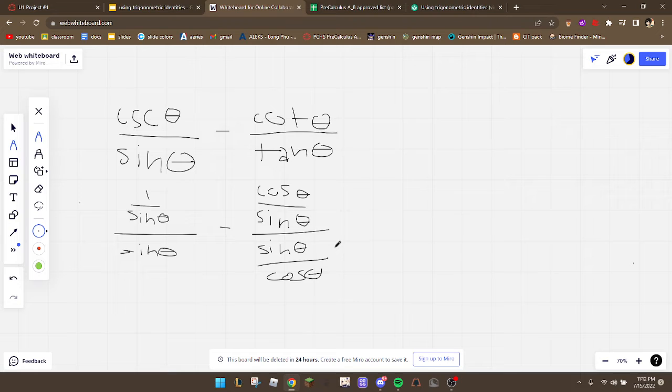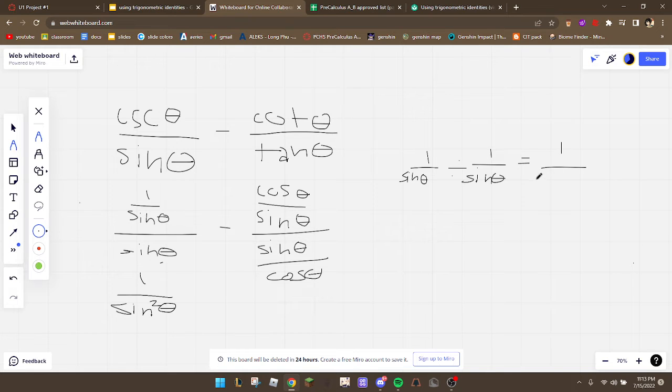Then this would become 1 over sine squared theta, because it divides, so it would be 1 over sine theta, and the fraction here is a division, and we have to flip it, so it would be 1 over sine theta.